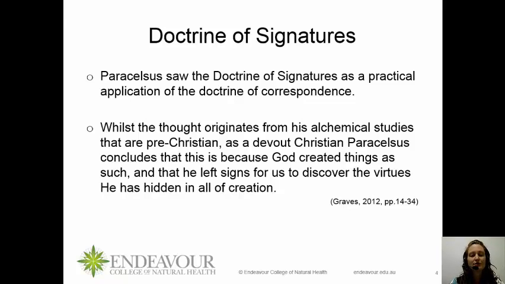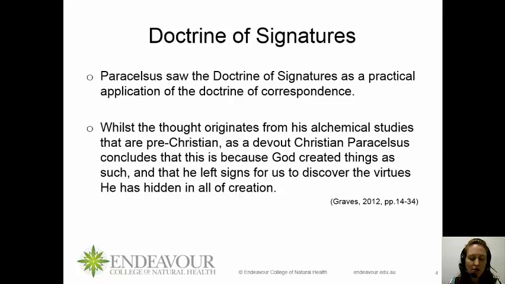So Paracelsus saw the doctrine of signatures as a really practical application of the doctrine of correspondence, and it was this knowledge that the inner essence of an individual, the inner essence of healing, the inner essence of a treatment modality was based on outer characteristics, and that these outer characteristics represent configurations of energy patterns, archetypes in plants, and correspond to similar patterns in people.